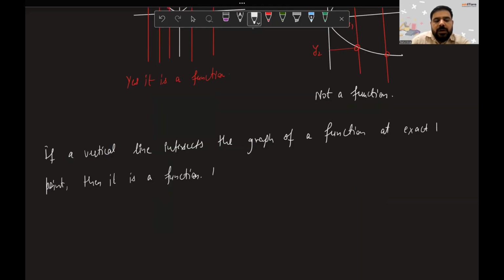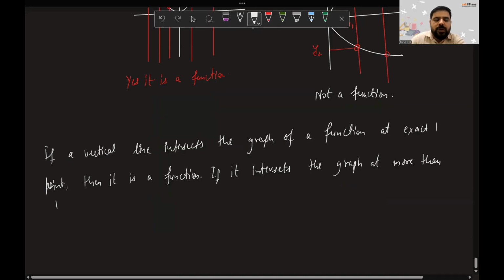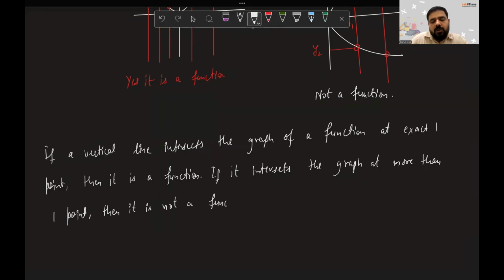If it intersects the graph at more than one point, then it is not a function.